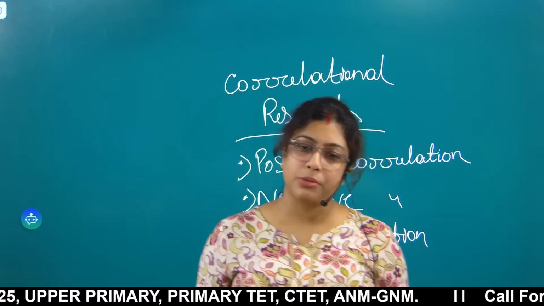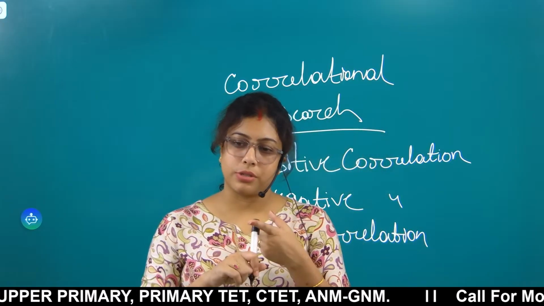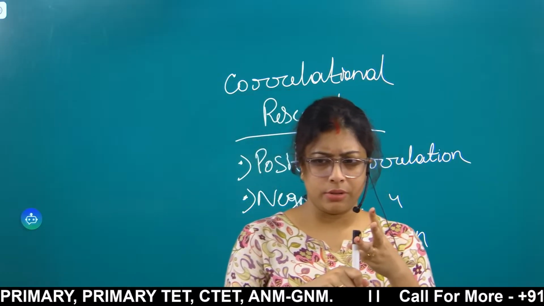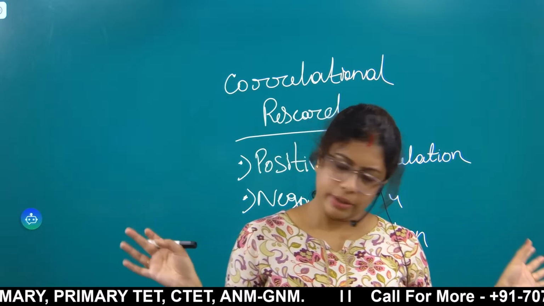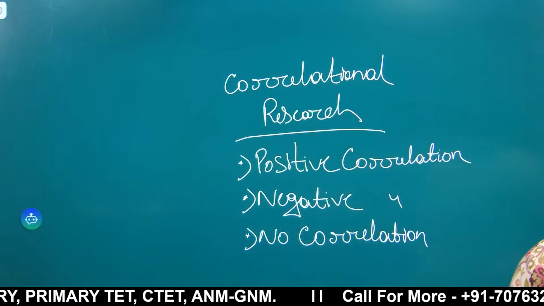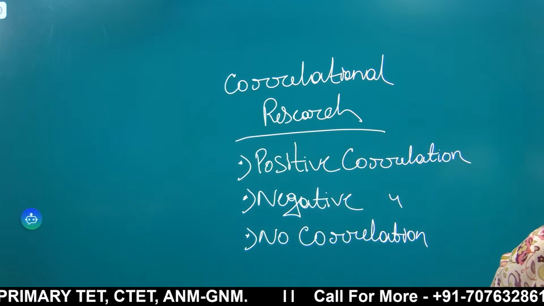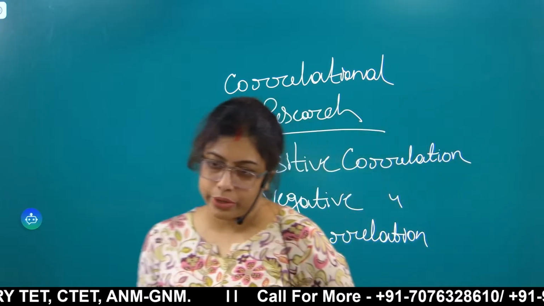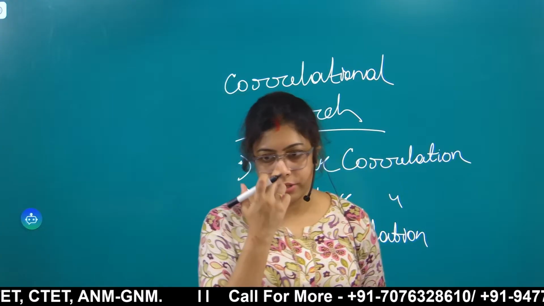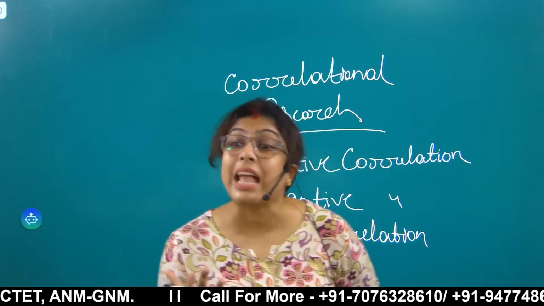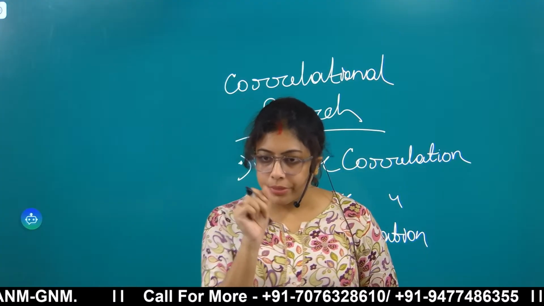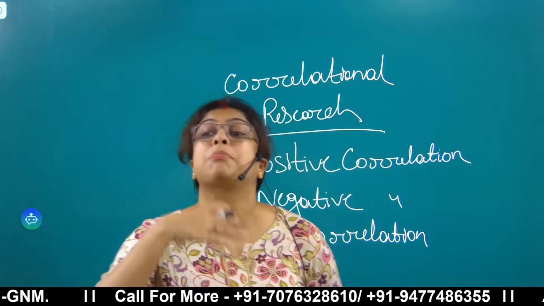So three types of correlational research: positive correlation, negative correlation, no correlation. Is it clear? Okay. Next, let us talk about explanatory research. Without understanding correlational research, you won't be able to understand explanatory. So what is explanatory research? If we go by the term, we get the idea that it explains something.